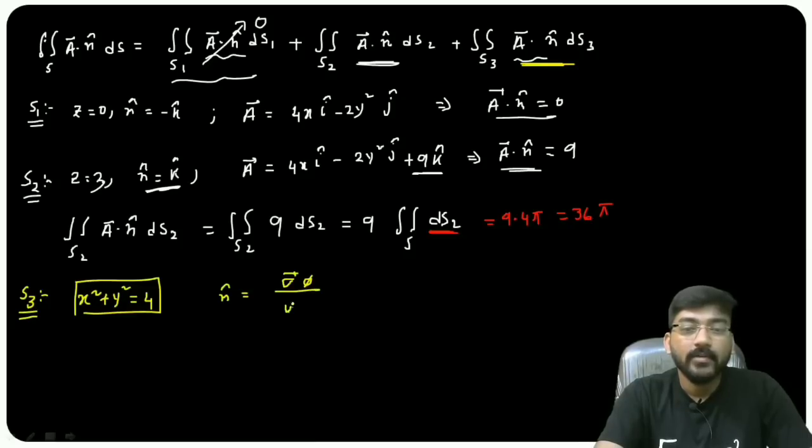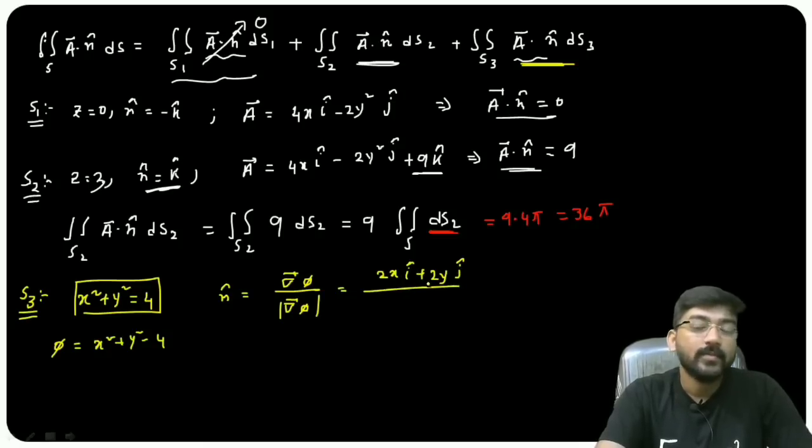Grad phi divided by mod grad phi, and you can take phi over here as x square plus y square minus 4. So grad phi will be 2x i cap plus 2y j cap divided by root over 4x square plus 4y square, that means 2 root over x square plus y square.